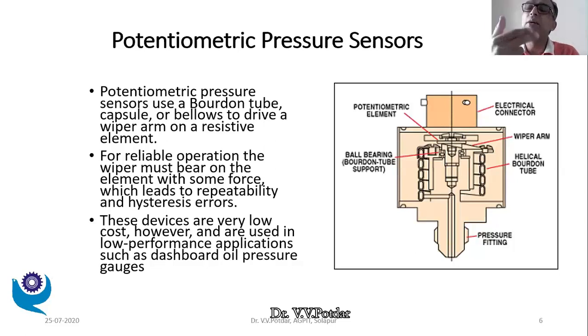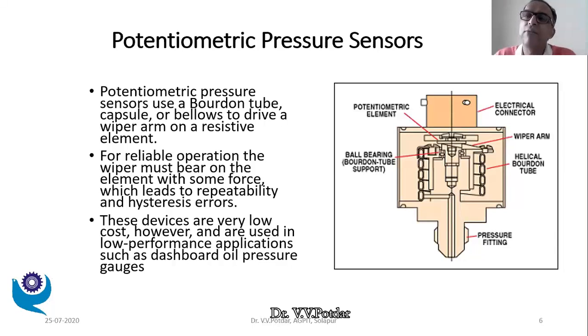Now this angular displacement is utilized by using a potentiometric sensor. If you remember, initially we started up with the variable resistance type of potentiometer. We studied two types of potentiometers. One was linear displacement type, the second one was toroidal or angular displacement type potentiometer. So I have got a resistance wire on which a slider is rotating, and it covers different lengths.